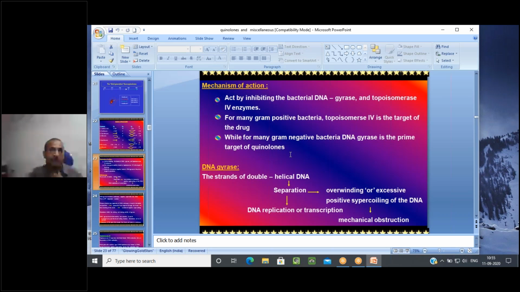For many gram positive bacteria, topoisomerase IV is the target of the drug, whereas for many gram negative bacteria, the DNA gyrase enzyme is the target. The action is that you inhibit DNA gyration.